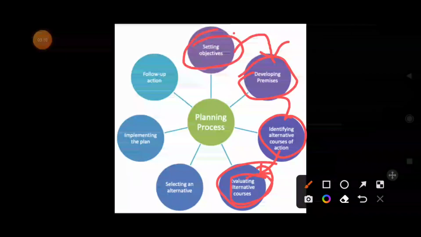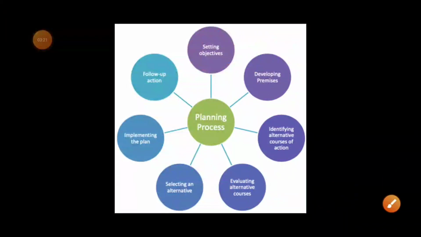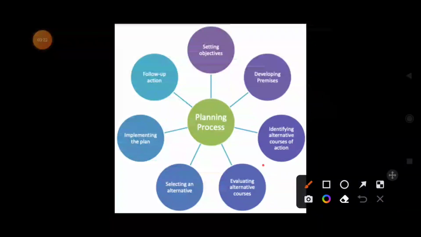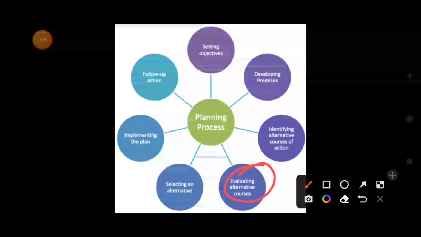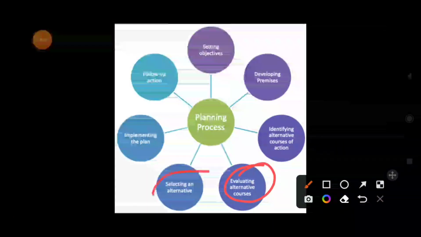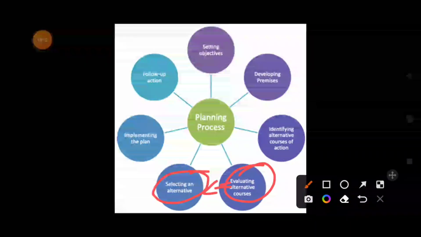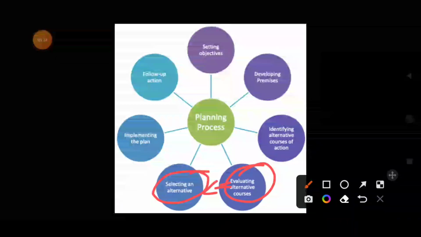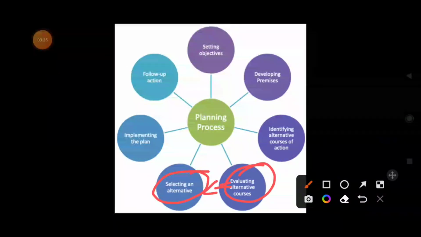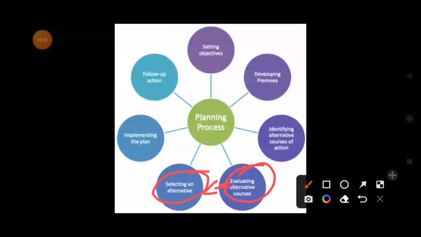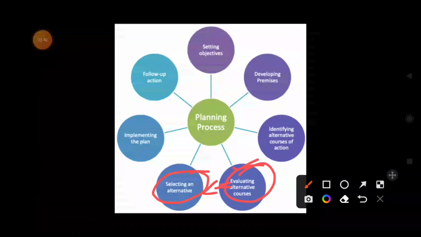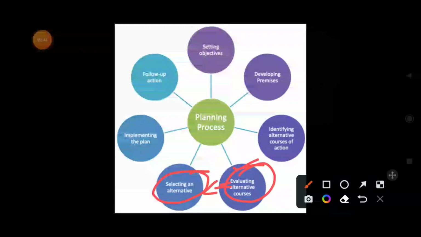Evaluating the alternative courses of action. After identifying what we need to do, we need to evaluate each one. Then selecting an alternative. After evaluation, you will evaluate whether it is good, how much it is good, what will be the results of each alternative course of action, what will be the cost and its effectiveness, how much we can afford it or not.